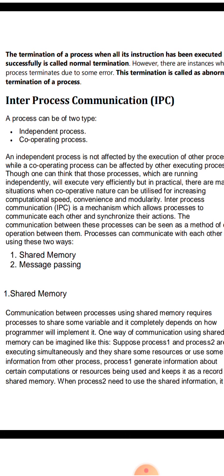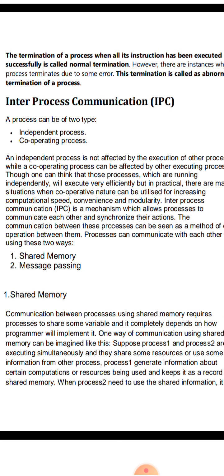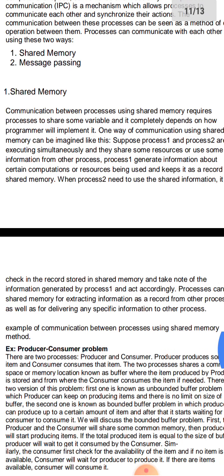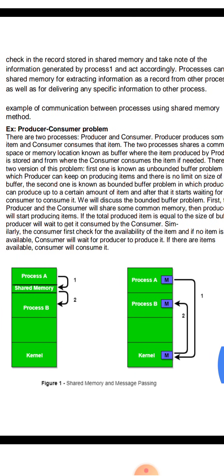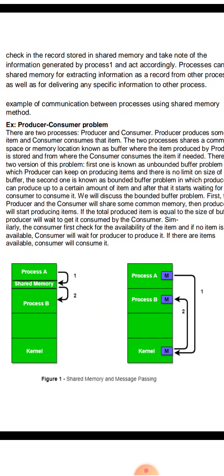Suppose process P1 and process P2 are executing simultaneously, and they share some resources or use some information from each other. Process P1 generates information about certain computations or resources being used and keeps it as a record in shared memory. When process P2 needs to use the shared information, it checks the record in shared memory, takes the information generated by process P1 and acts accordingly.